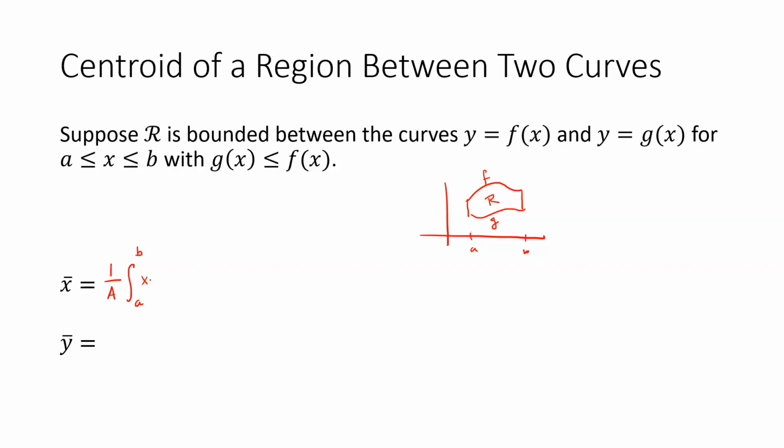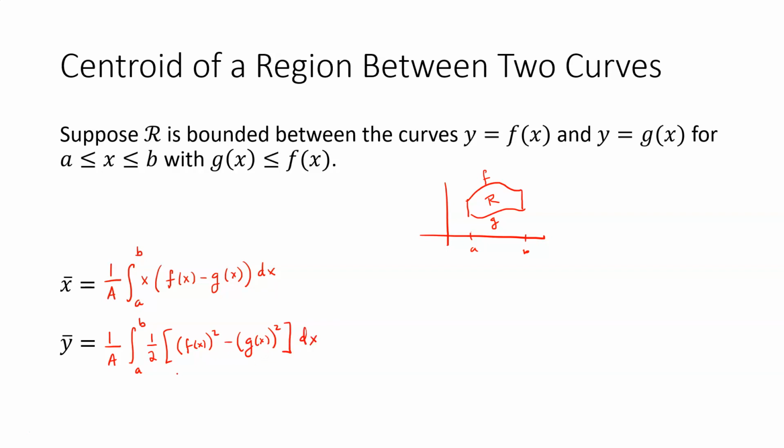And then it'll be x times the upper curve f of x minus g of x to get x bar. And then for y bar, 1 over A, integral from a to b, and then 1/2 the upper curve f of x squared minus the bottom curve g of x squared.